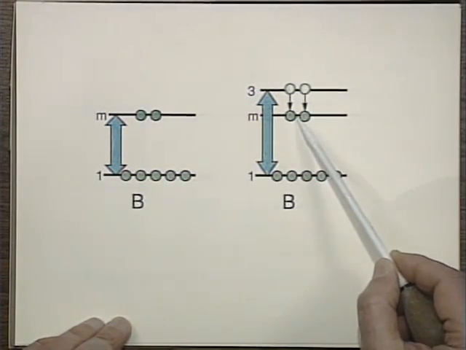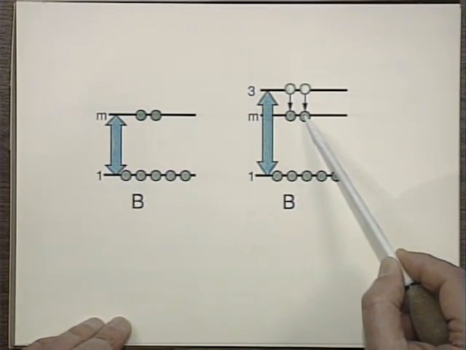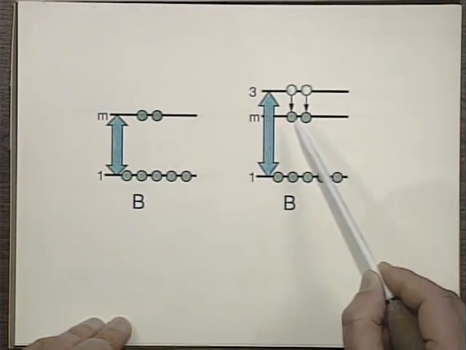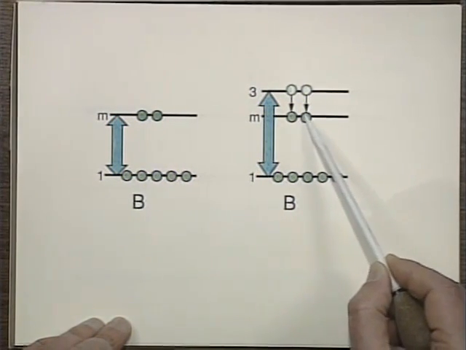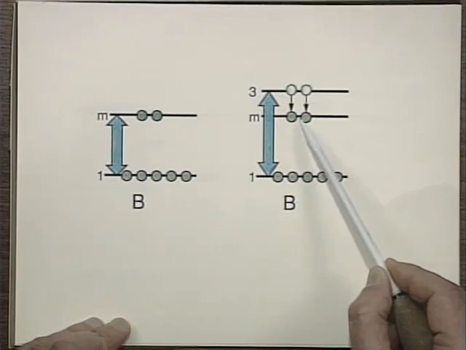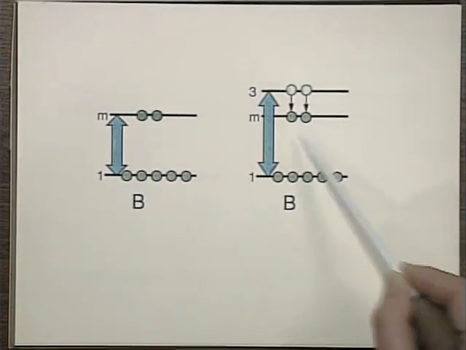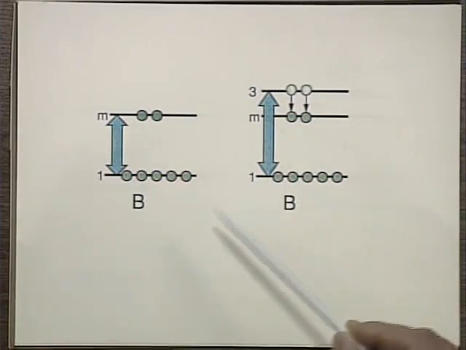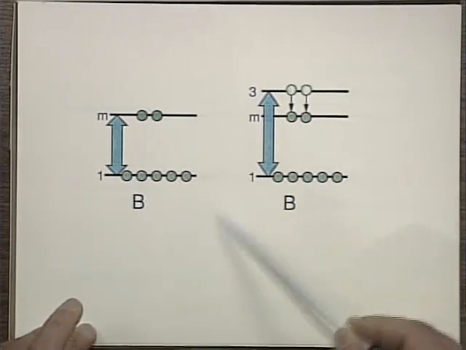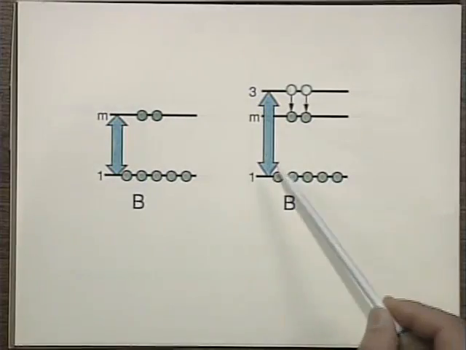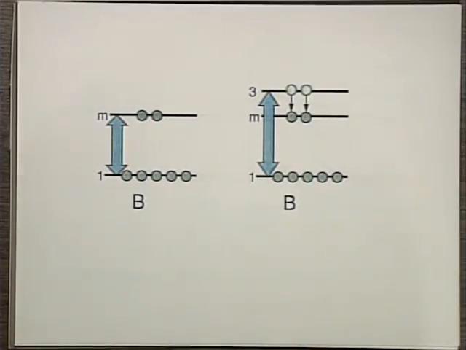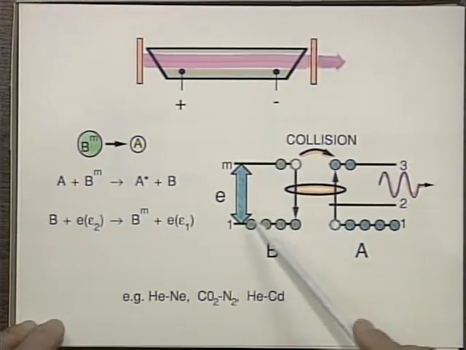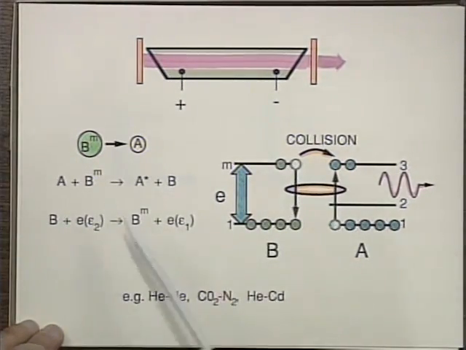Now we've created atoms in this metastable state, and because the lifetime is long, they're going to stay here. They're going to run around with energy in this level. And then when they collide with atom A, we get that excitation. So this pump, as I say, can be any kind of pump. Sometimes we could have direct excitation, again depending on the particular system and the particular pump. So now we've seen how to generate a metastable state. So let's go over it again.